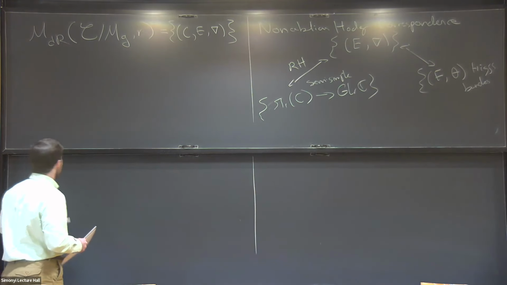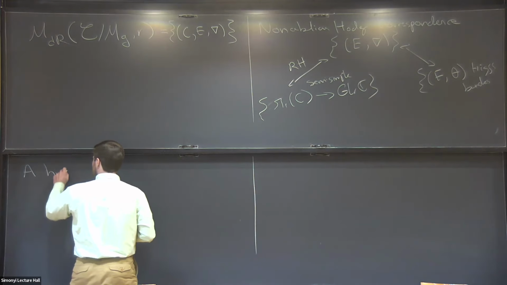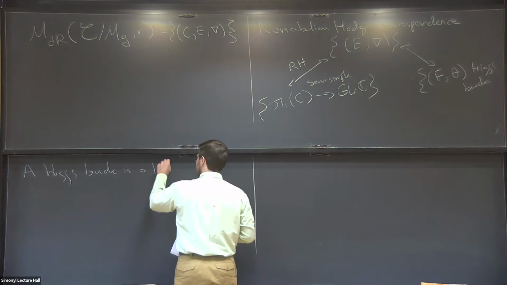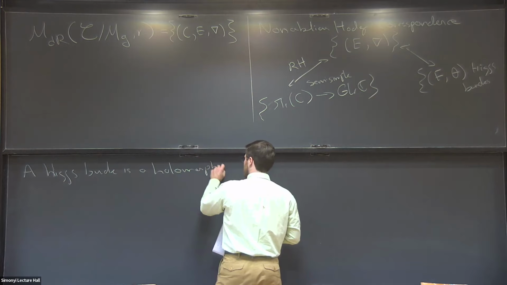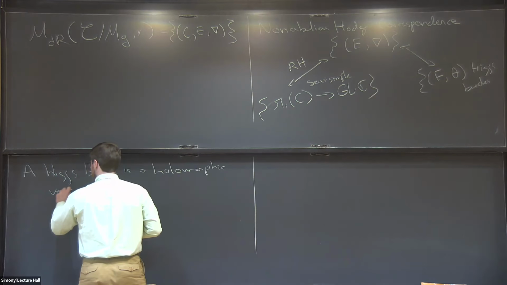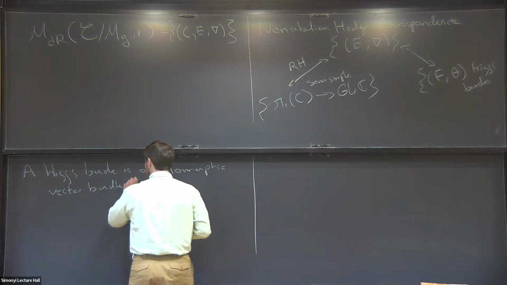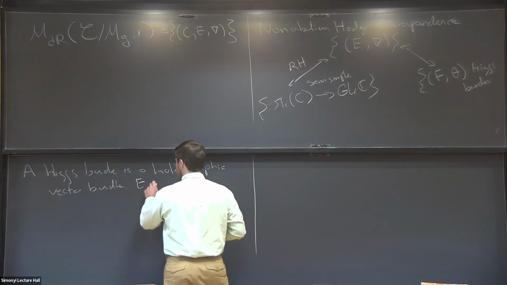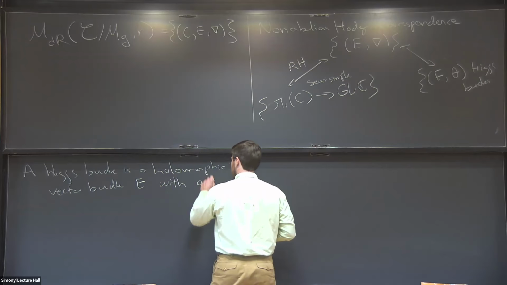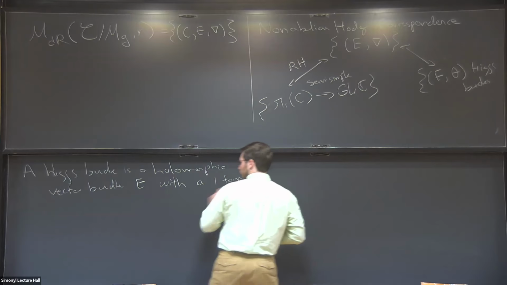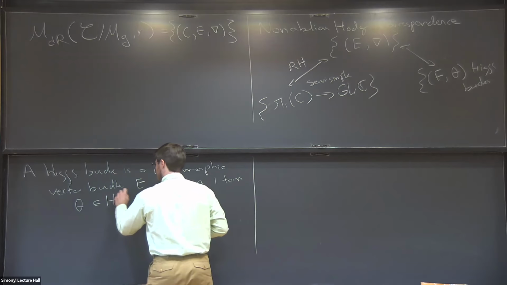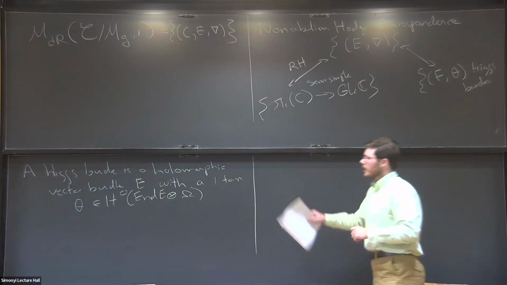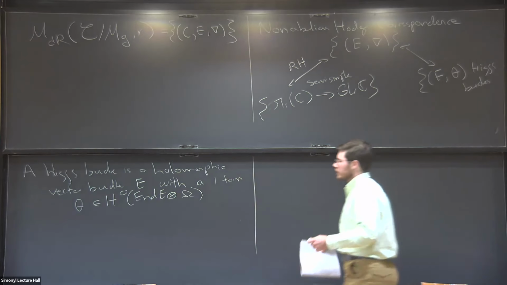A Higgs bundle is a holomorphic vector bundle E on my curve, and it's going to have an endomorphism-valued one-form, so with a one-form theta, that you can kind of think of as a degeneration of the connection.